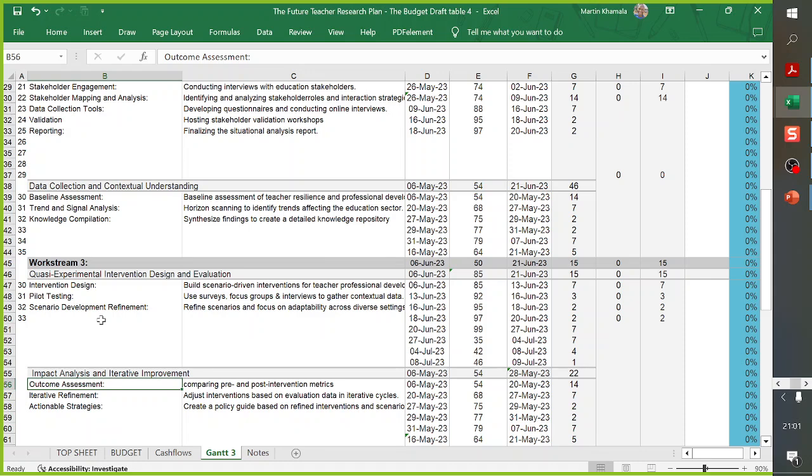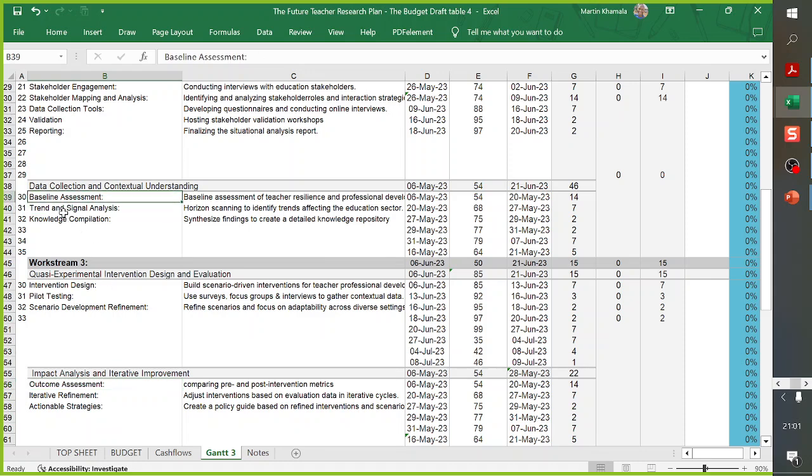So now we come to workstream three, which is a quasi-experimental intervention, design, and evaluation. So this one requires us to have built, to do some modeling, to have designed something.